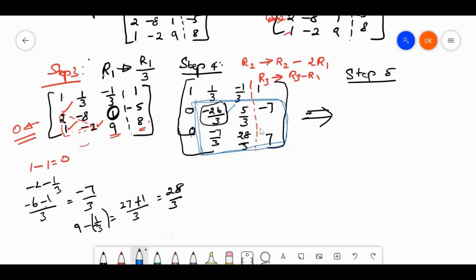So now what I am doing is here in this step, R2 is multiplied by minus 3 divided by 26, so that I can make this as 1. Because my ultimate aim is to make this pivot point as 1 as we have done in the first step, first procedure. Okay, so now what will happen if I put it like this?